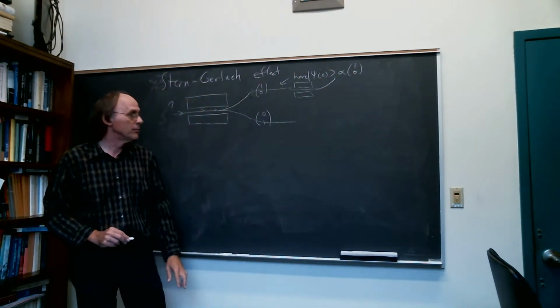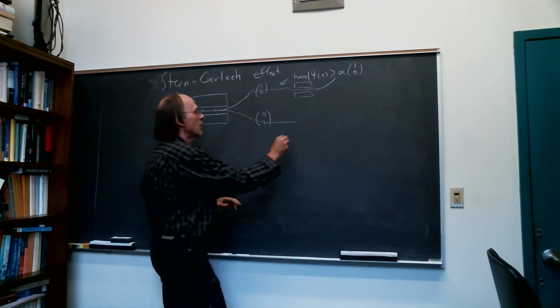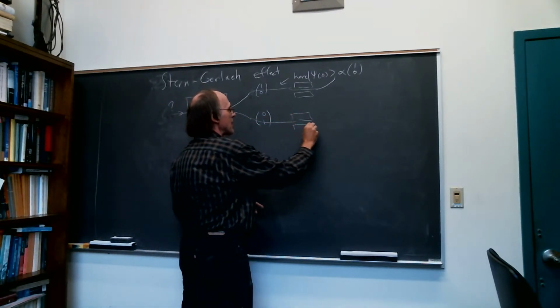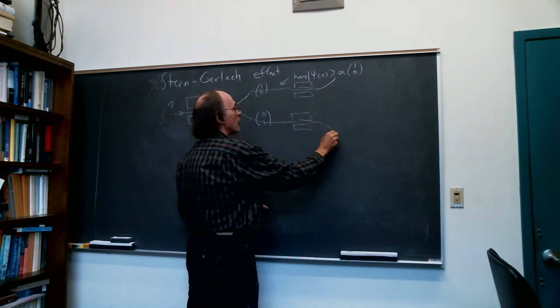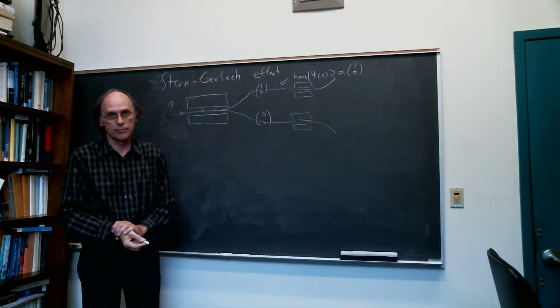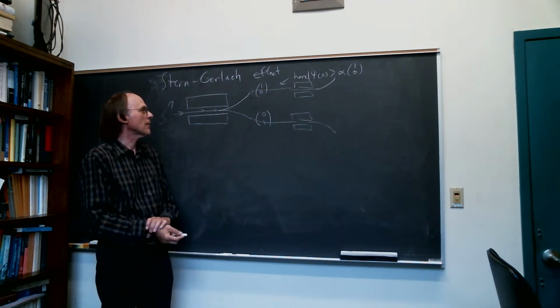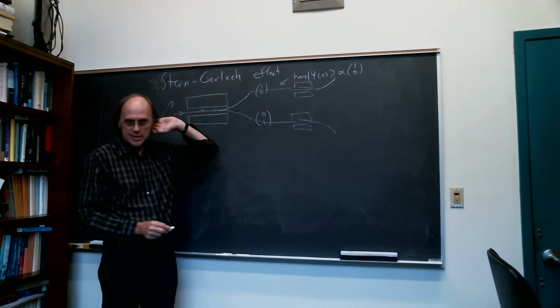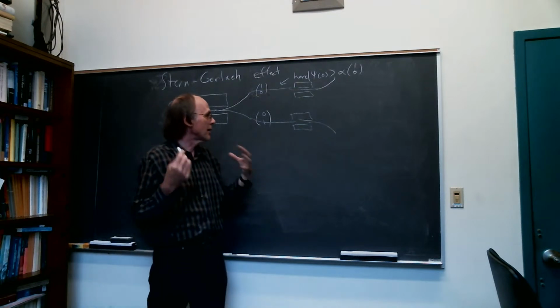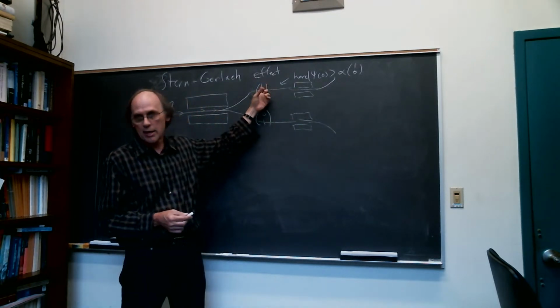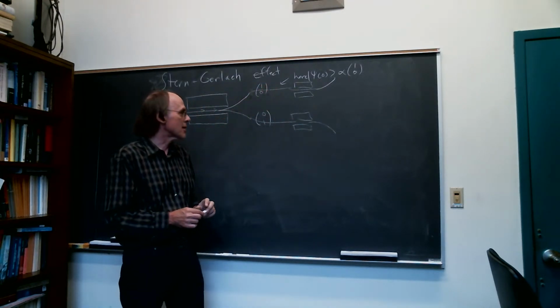And this is great. Similarly here, you put this through the same apparatus again, it'll always go down. So you would like to say that this is a nice stable property, like a classical property that you can assign to these guys.